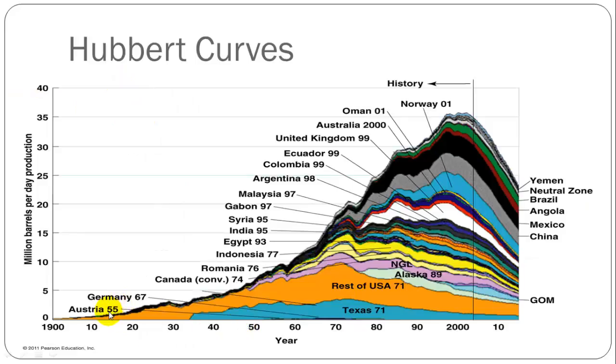So after a country opens itself to oil exploration, it will increase production quite a bit until eventually, and you see this in pretty much every country, we've hit our peak and our max production, and we're now decreasing the amount of oil that we can pull from these reserves, from these oil fields.